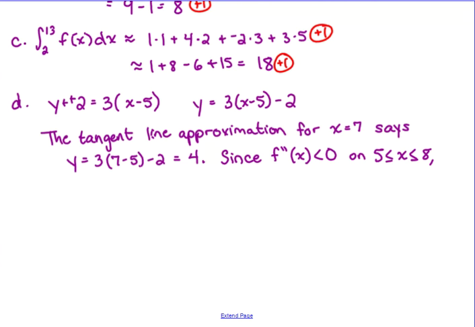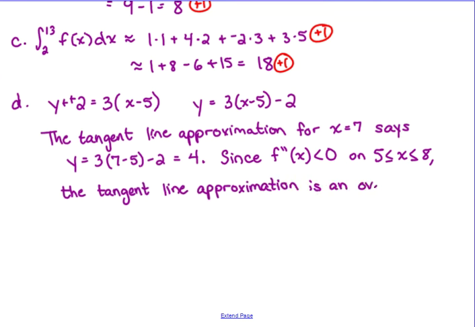An overestimation. Okay, the tangent line approximation is an overestimation.